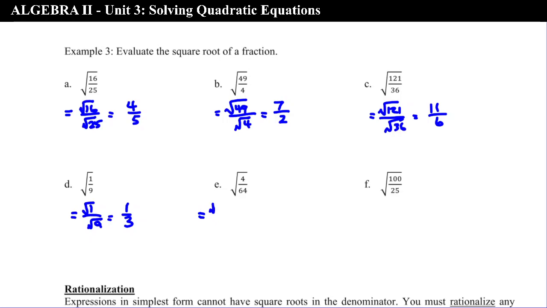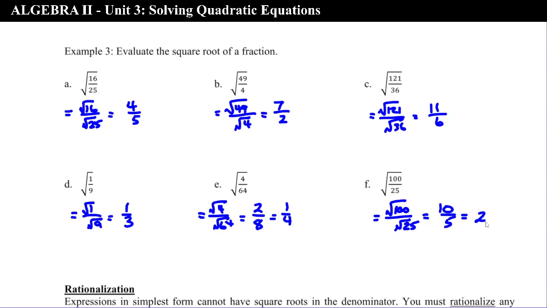For e, we have the square root of 4 over the square root of 64. And that gives us 2/8, but we're not done yet because that can be reduced down to 1/4. And then finally, we have the square root of 100 over the square root of 25. That's going to give us 10 over 5, which is simply 2.